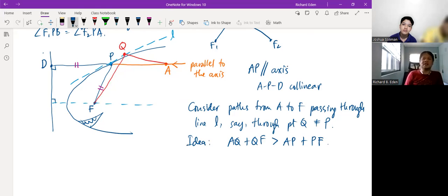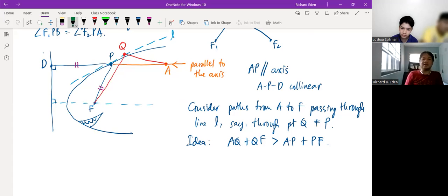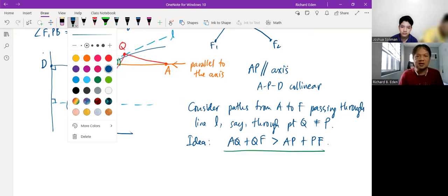So the travel will be minimized at point P, and because P is that particular point for which the sum of the paths will be minimized, that would lead, using the preliminary fact, to those two angles marked in green being equal. So it's just an issue of trying to justify that AQ plus QF will indeed be greater than AP plus PF.